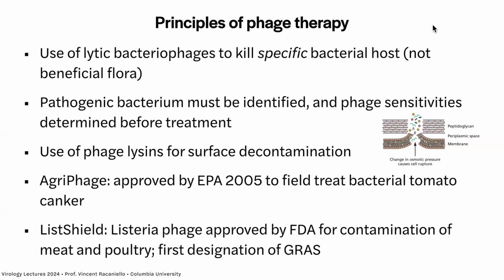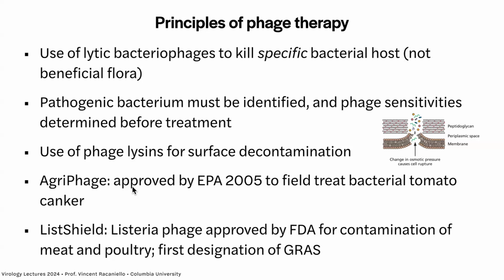And there's another one, a phage actually called agriphage, which was approved by the EPA in 2005 to treat a plant disease called bacterial tomato canker. So that's an improved phage treatment for a plant disease. And then List Shield is a listeria phage approved by the FDA for contamination of meat and poultry.